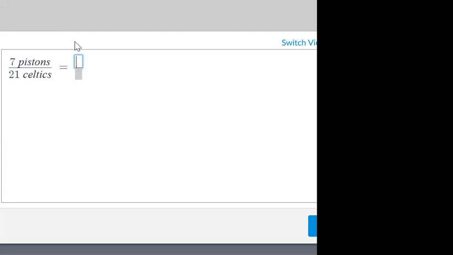Simplify 7 over 21. 1/3. Yep. What that means in real life is for every 1 Pistons appearance, there were 3 Celtics. So Pistons is 1/3 as a fraction of the Celtics.